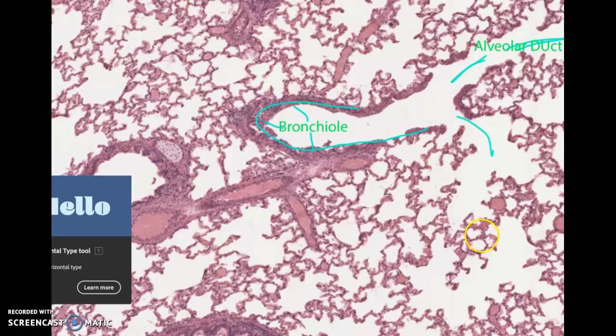Now we are going to go over here. See that these circles, singular is alveolus, plural is alveoli. So these would be alveoluses. Now look out, this one right here is actually a blood vessel. This one right here is a blood vessel. I could tell because there's fluid in it.